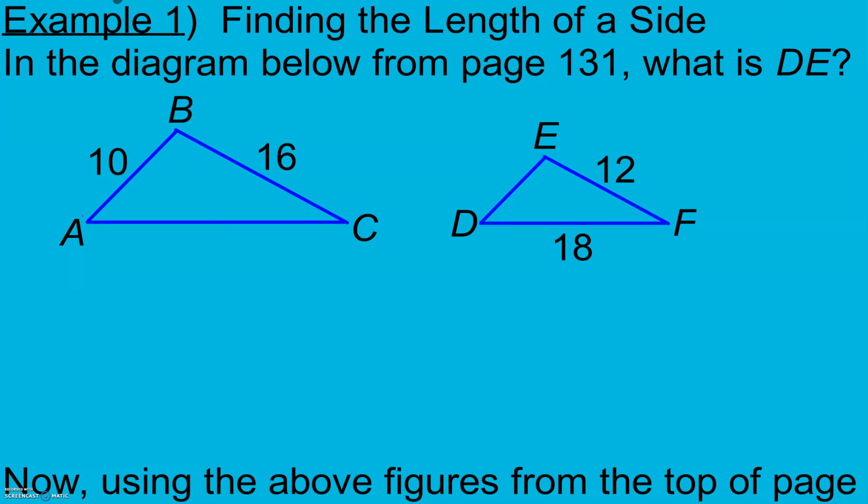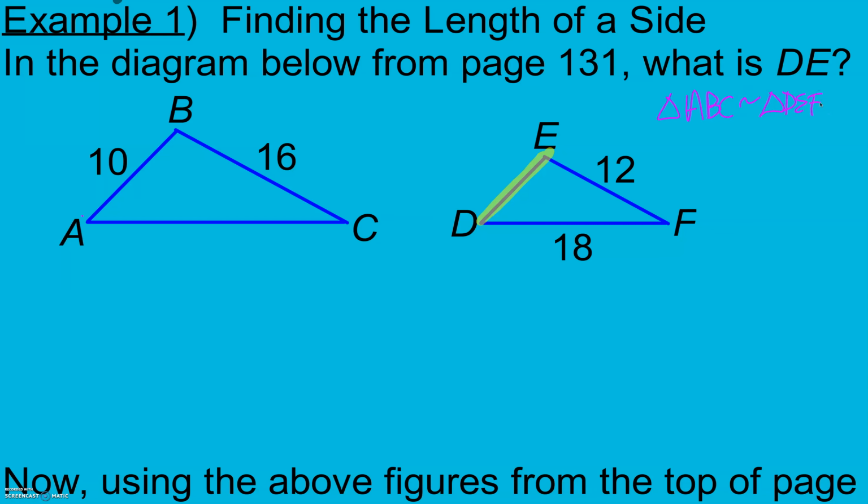Example 1 is finding the length of a side. So in the diagram below, this is also on page 131 with a little bit better pictures, we want to know what is DE. Right now we don't know, but we do know that triangle ABC is similar to triangle DEF.